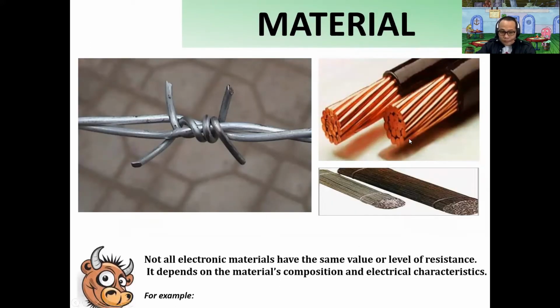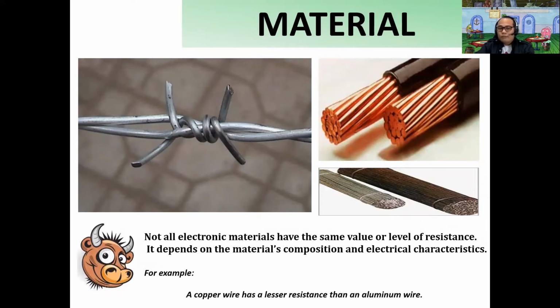Not all electronic materials have the same value or level of resistance. It depends on the material's composition and electrical characteristics. For example, the level of resistance of a conductor is different from that of an insulator, and also different from that of a semiconductor.